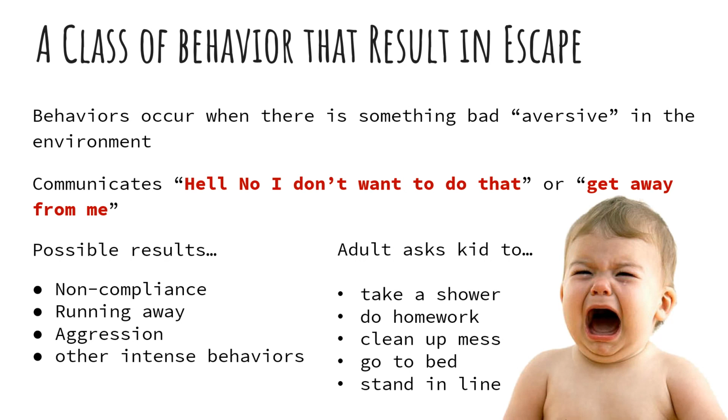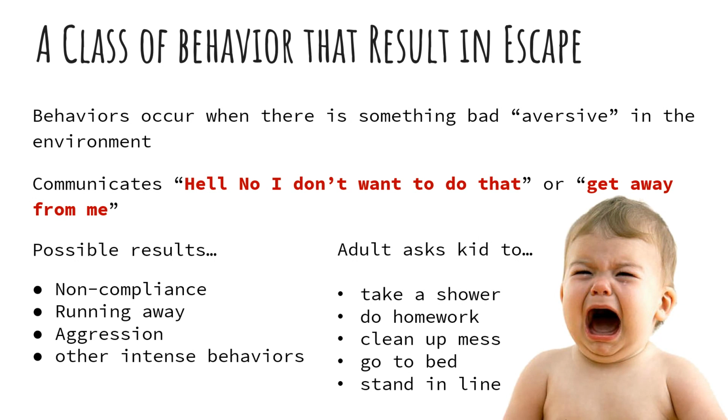So just some other examples of antecedents, maybe of what an adult could ask a child to do. Maybe a behavior like take a shower, do your homework, clean up that mess, go to bed is a common one. And maybe something like stand in line, okay, at a store.